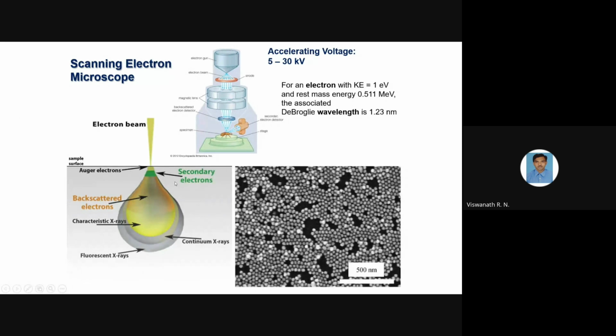Normally secondary electrons. Backscattered electrons give highly resolved information, because we have to use larger energy, since the penetration power of the electron beam inside the solid is high. This is the electron beam when it is hitting, and this is the way it propagates.